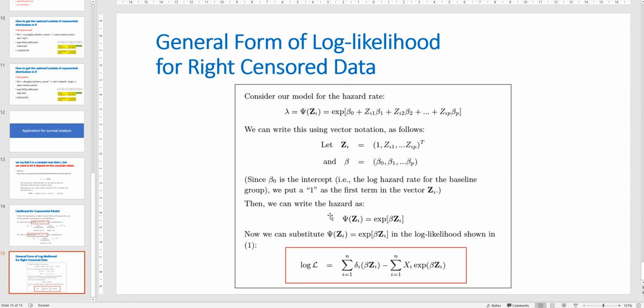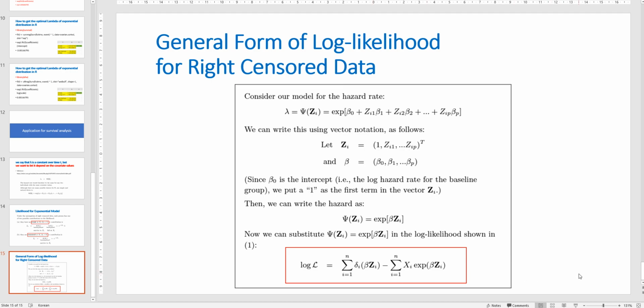And we want to use this log likelihood to estimate beta, right? I will show you how to get these estimates in R in the next video.